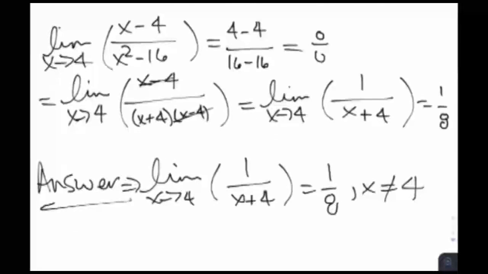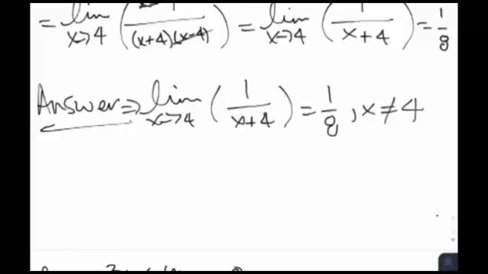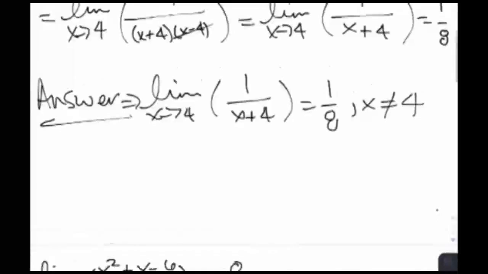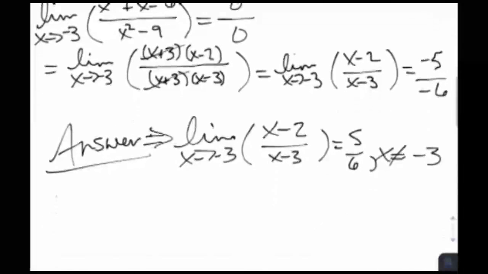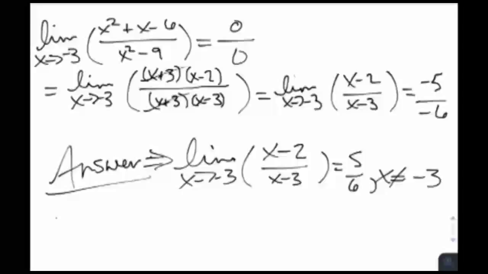We did the limit as x approaches 4 of x minus 4 over x squared minus 16, and we get that to simplify down to 1/8, except when x is equal to 4. And then finally we did the limit as x approaches negative 3 of x squared plus x minus 6 over x squared minus 9, and we got that to simplify down to 5/6, except when x is equal to negative 3.